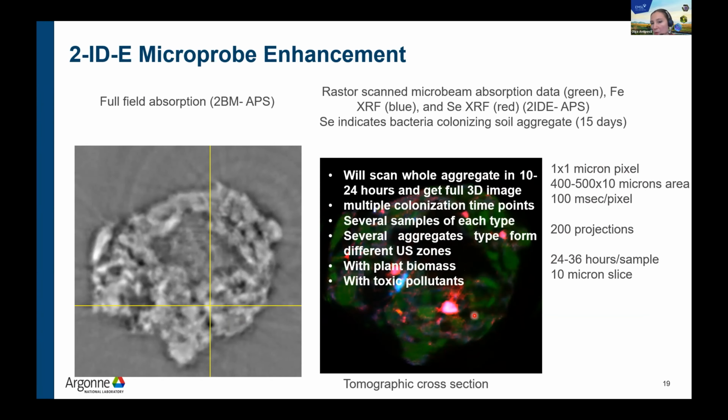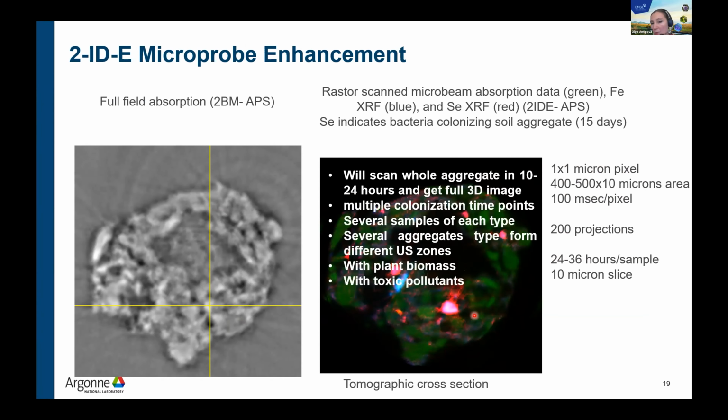The Bionanoprobe has a very high resolution beam, down to 30 nanometers. It has cryogenic capabilities, which is very important for biological and environmental science samples. It also has ptychography as one of the components. This chlamydia image was coming from that beamline.